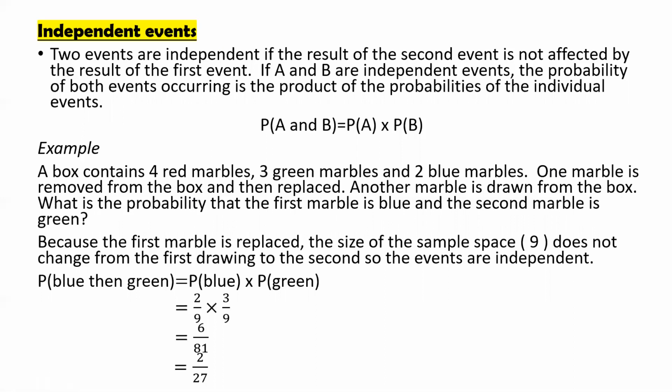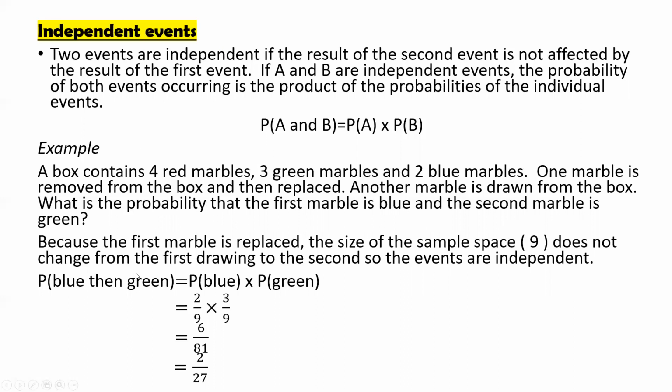You can see from here. So let's say the question is asking what is the probability that the first marble must be blue, the second one must be green. Because you replace it back, the sample space, that means you have 9 here, 4 plus 3 plus 2, you get 9. The total of 9 didn't reduce. You still have 9 after you put back the marble, right?